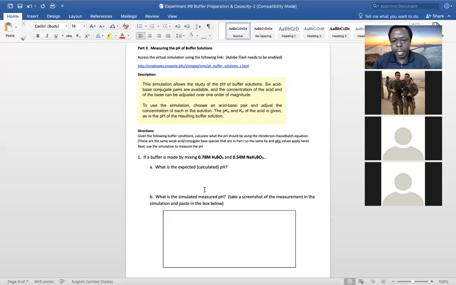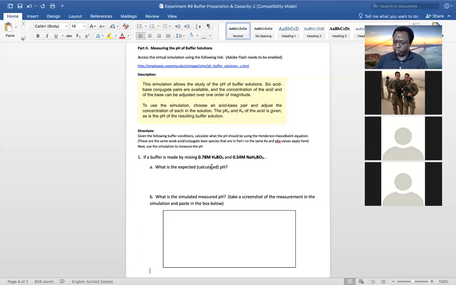Go to lab number 8 and see how significant figures work in calculations with respect to pH. And then the simulation here is the same. Let me just use a simulation here.